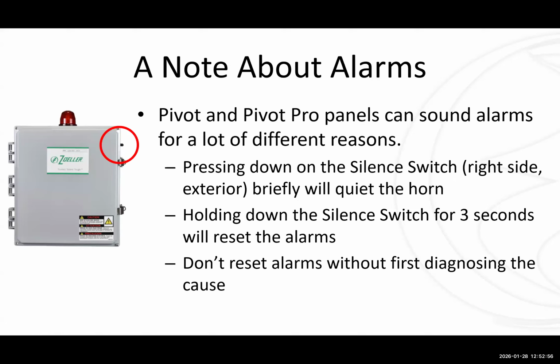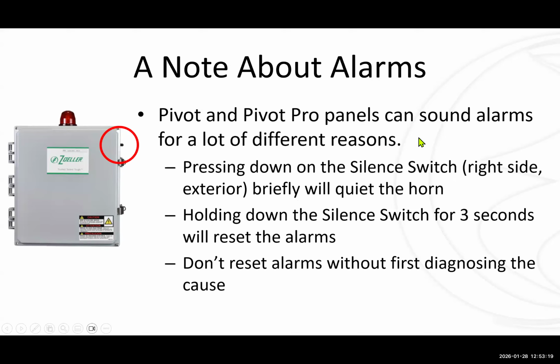There's a switch on the exterior right-hand side of these control panels, and that is your test and silence switch. Before we go any further, it's important to note that, as I've been alluding, there are a lot of different alarms that can happen.